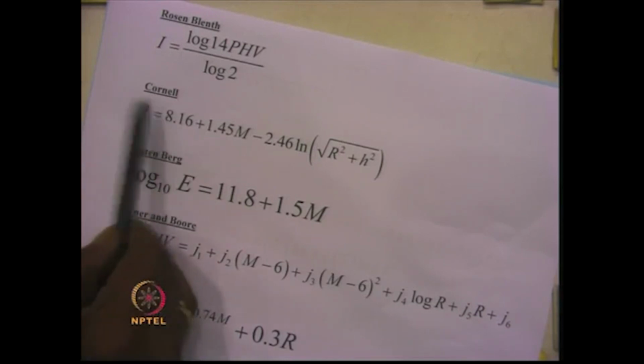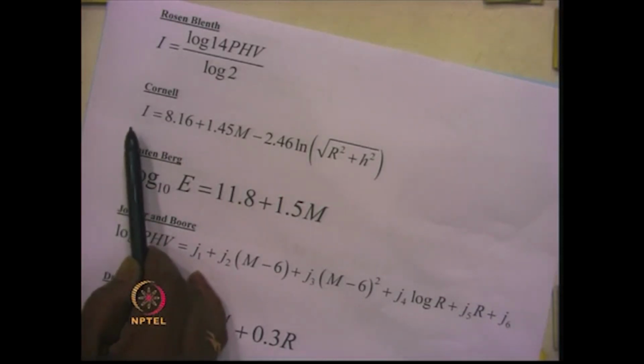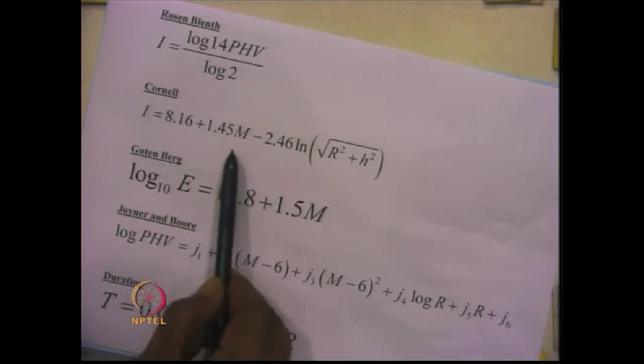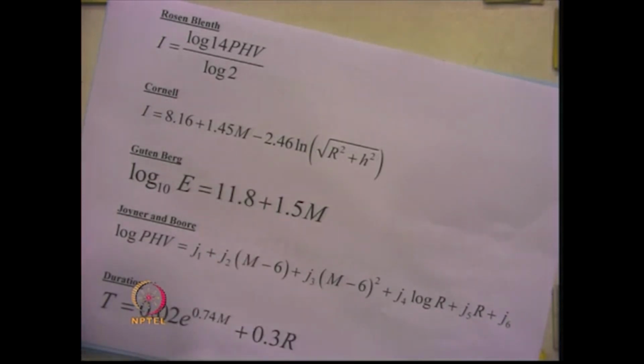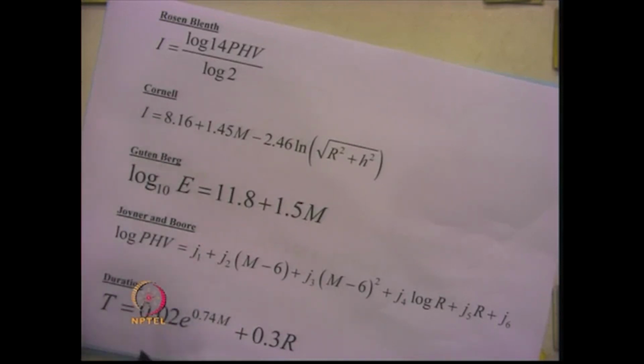Similarly, Cornell obtained a relationship between the intensity of earthquake and the magnitude of earthquake, where the magnitude of earthquake again is a quantity which can be measured, whereas intensity of earthquake is a subjective one.